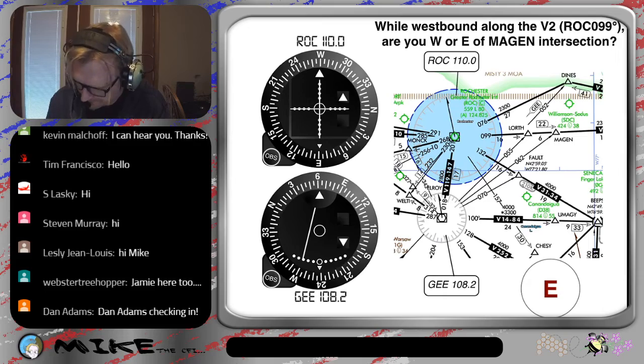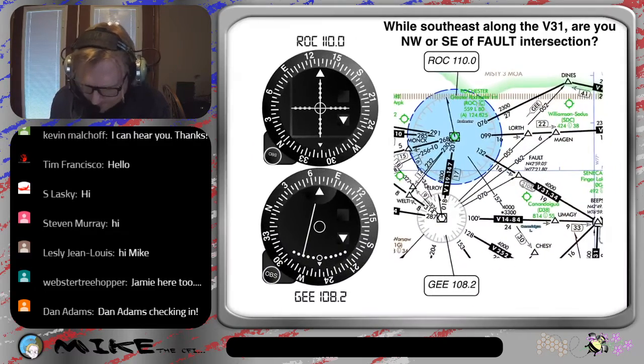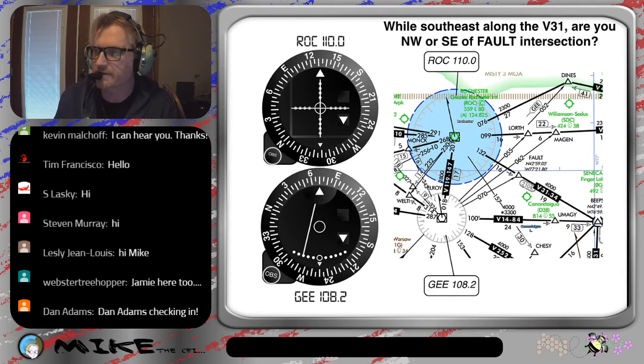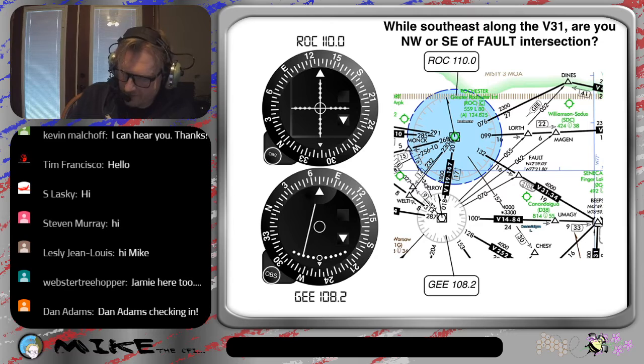All right, let's try another example. So here, the scenario is we are southeast along the Victor 31, and we want to know, are we northwest or southeast of Fault intersection? Looking at the indications here, we can see that the top VOR is tuned to the Rochester VOR, and we have it tuned to the 132, and we are going from the station.